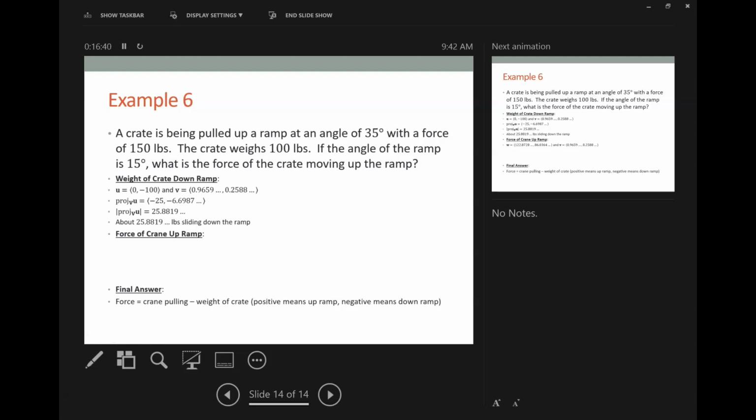So the angle of the ramp, I'm going to use to find the ramp vector. I'm going to use the angle of the pull to find the pull vector. And then the angle from gravity is always 270. Gravity is always pulling straight down. I guess unless you're in space, but we won't have any space problems.